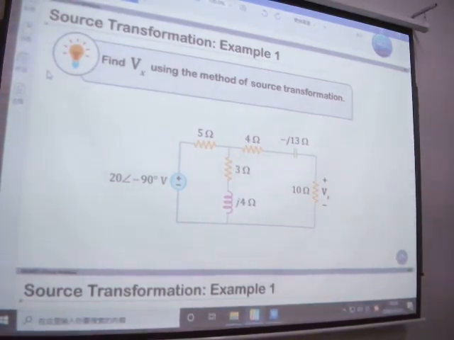Okay, so what type of source is it? So the power source means I, right? If we disable it, we let it equal to 0. If I equals 0, means what? It's not connected.